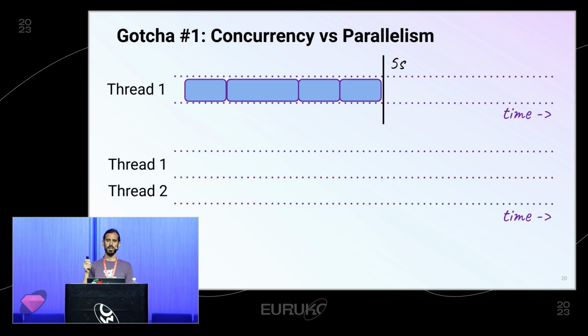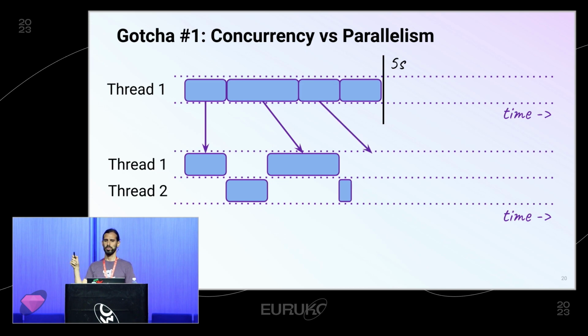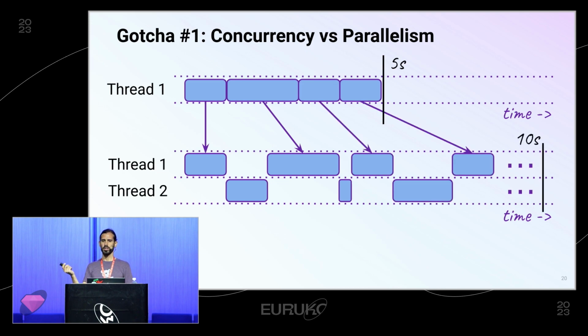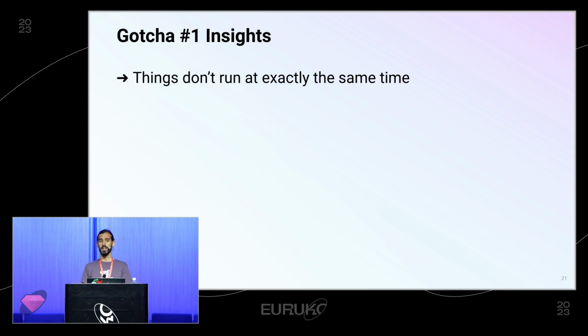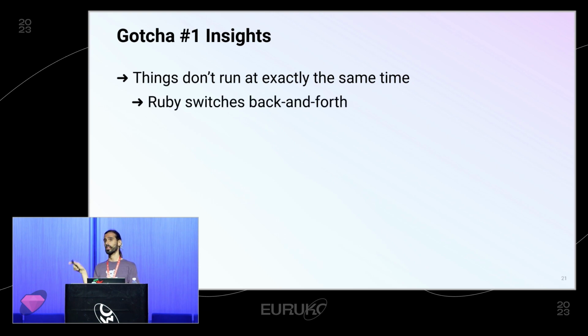You have two threads, and Ruby will go back and forth, back and forth. At the end of this, it will take 10 seconds, because it's the same amount of work, but Ruby just switches back and forth. So the insight is that things don't run exactly at the same time when you're using multiple threads in Ruby. Ruby is just switching back and forth between threads.